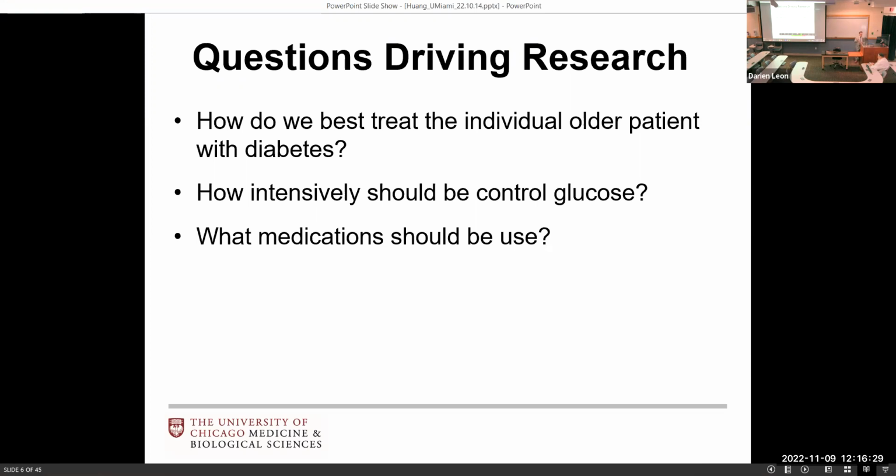It's a central question for multiple areas of medicine, but we use diabetes as the condition of interest. In diabetes, there's an ongoing question about how intensively glucose should be controlled, how low we should go, and then what medication we should use for the individual patient we're seeing. These are pretty basic questions, and I'll try to show you how they remain controversial and a little uncertain to this day.